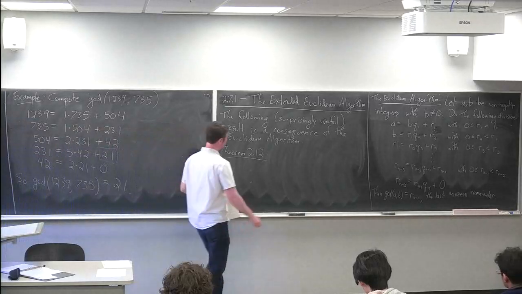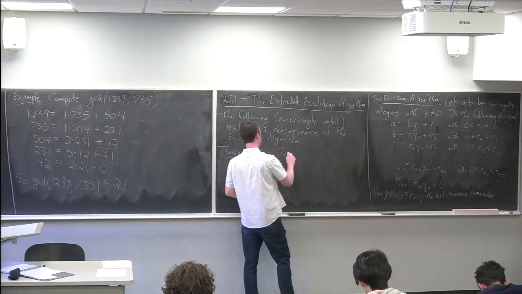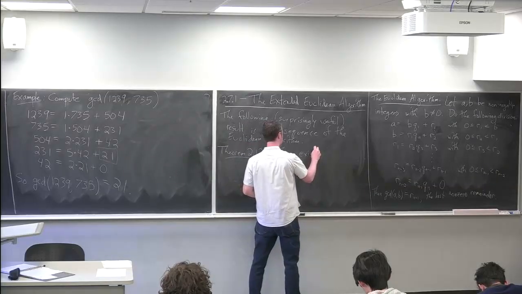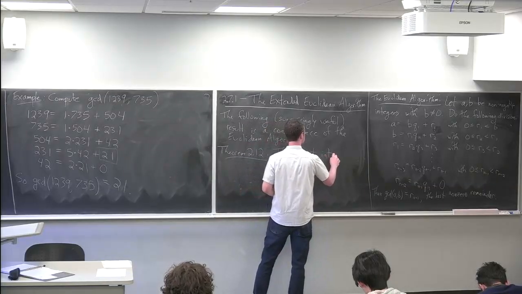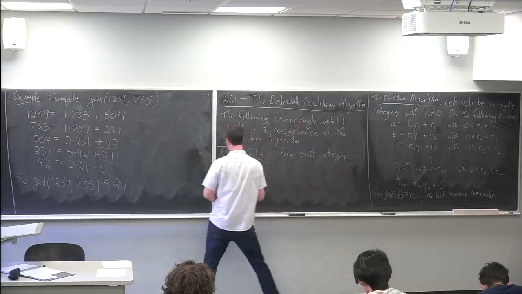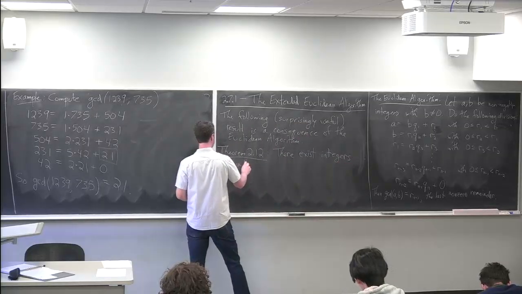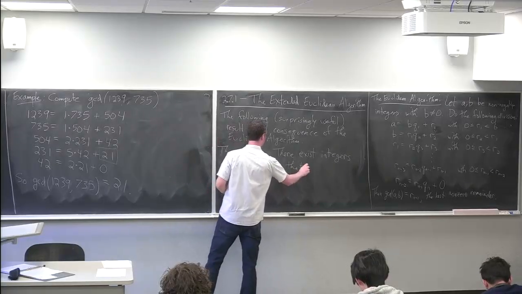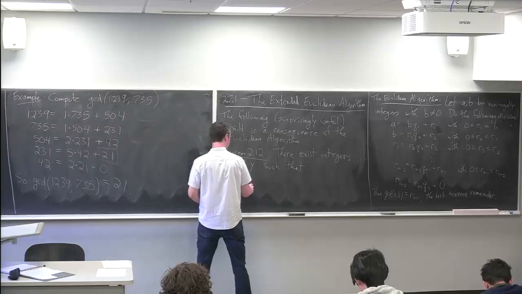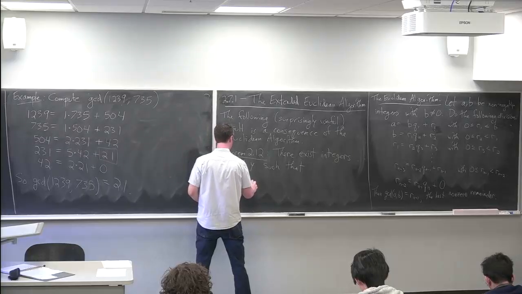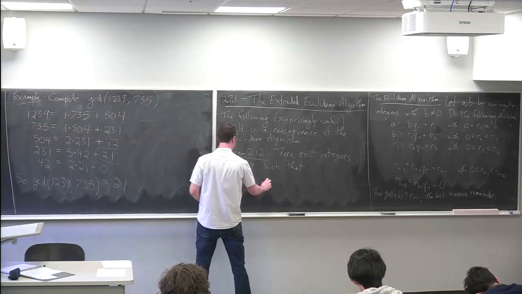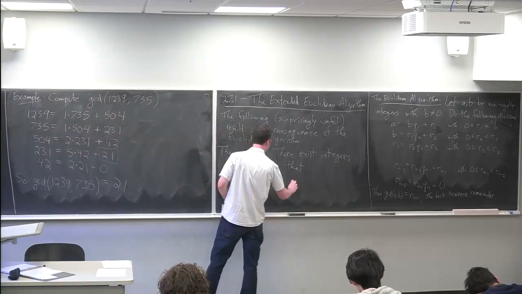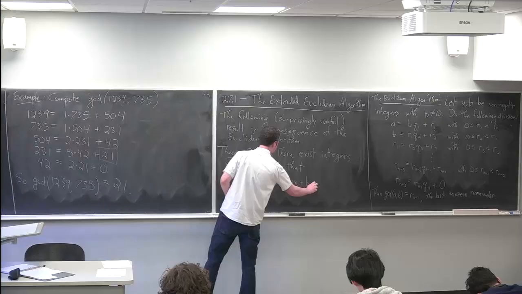But the statement is that there exist integers x and y such that the GCD of A and B can be written as AX plus BY.